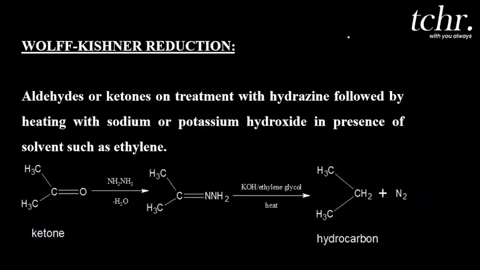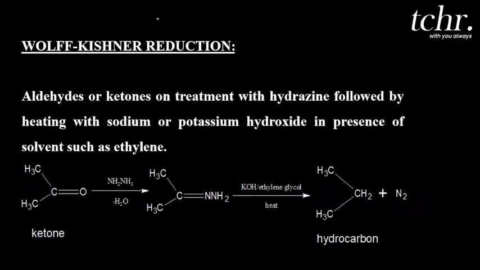Okay, this is how you make organic chemistry concepts easier. At last, we will discuss one more reduction reaction that aldehydes and ketones undergo, which is the Wolff-Kishner reduction. Here also, what we are going to do is the same. Even in the Wolff-Kishner reduction, we take aldehydes and ketones and convert them to the particular hydrocarbon.